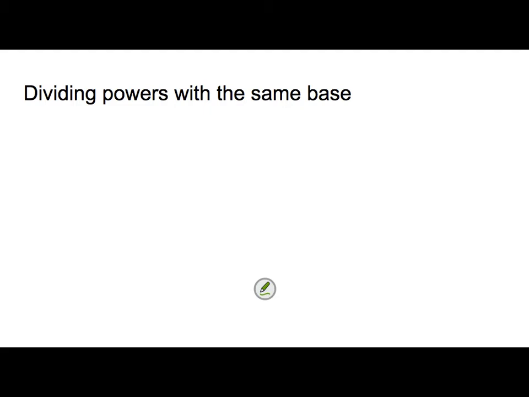Let's try a few trickier ones. Let's go with c to the 100 divided by c to the 25th. One thing we have to do is resist the temptation to divide 100 by 25.